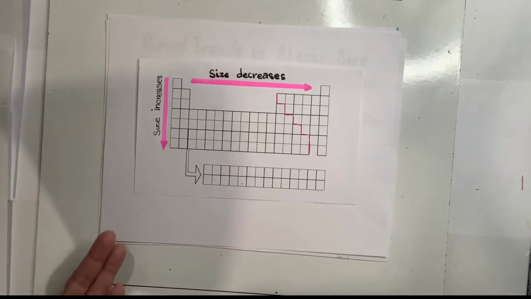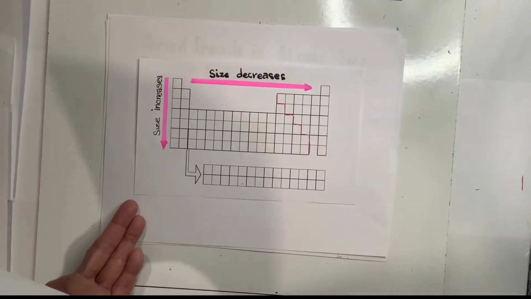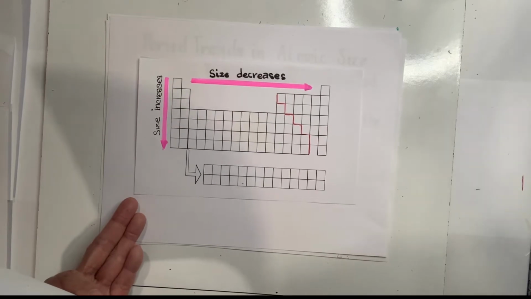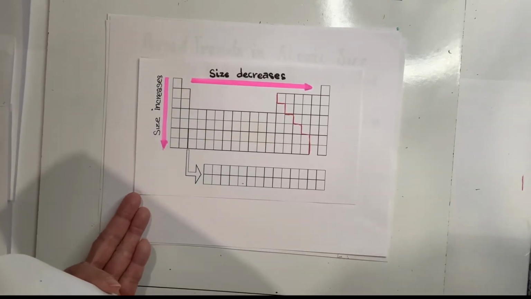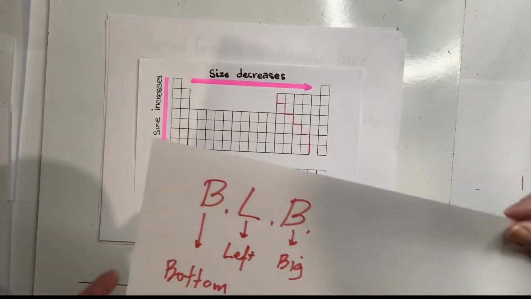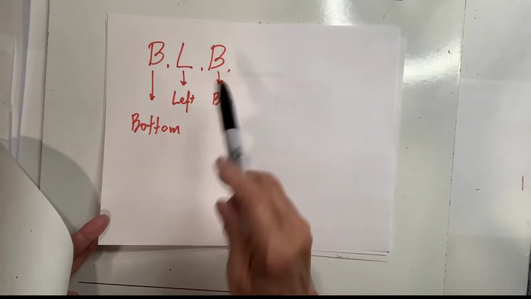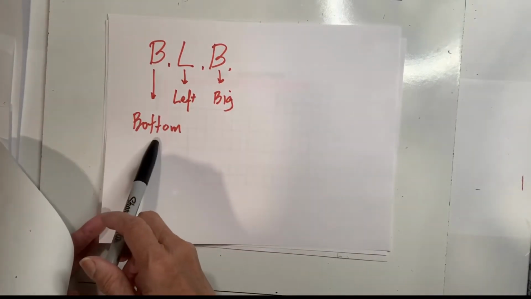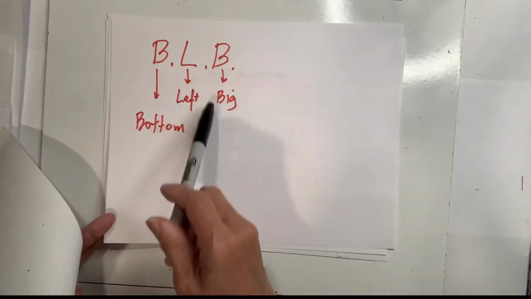So, where do we see the biggest size? At the bottom. And where do we see the smallest size? On the left. I will share with you one technique that I applied when I was a student. I create acronyms. So, this acronym, BLB. B stands for bottom, L stands for left, and B stands for big.